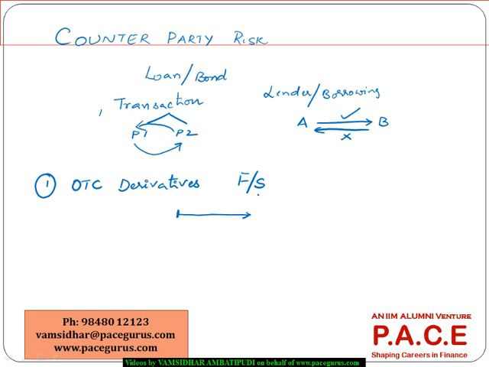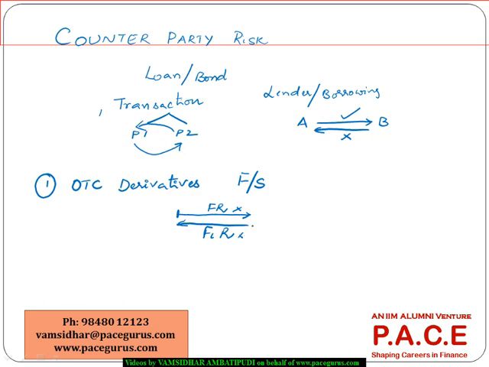Let's say when we talk about a swap, one party may pay a fixed rate and receive a floating rate on a particular instrument. Now it can so happen at any point in time in future, either this party may fail to adhere to the contract or this party may fail to adhere to the contract.